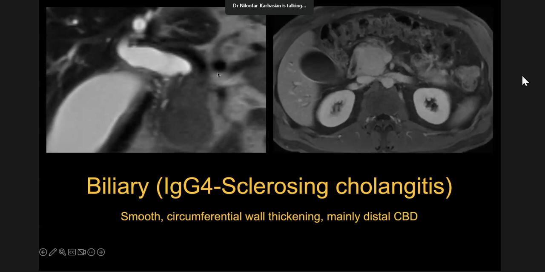And on the intrahepatic bile ducts, it can have a similar appearance to PSC, basically this multifocal narrowing and dilation. But this classic look of distal CBD involvement should make you think of IgG4 disease, especially in the right patient population and with synchronous involvement of the pancreas. It should raise the possibility of IgG4.